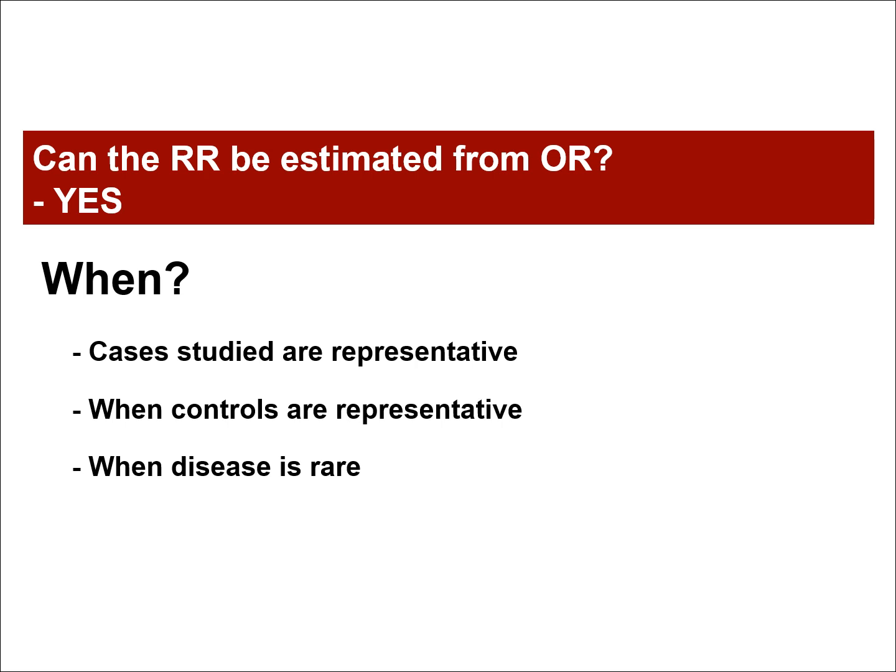Instances where you're able to estimate the relative risk from the odds ratio are when the cases studied are very representative, when the controls are representative, and when the disease is rare. When these criteria are met, most times the relative risk can be estimated from the odds ratio.